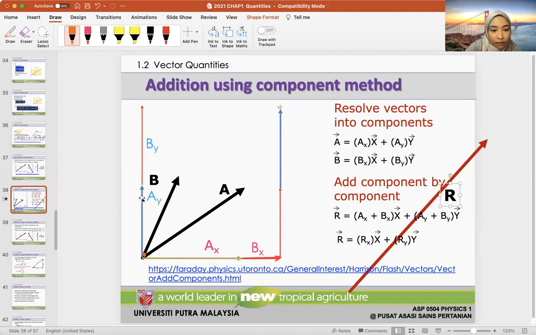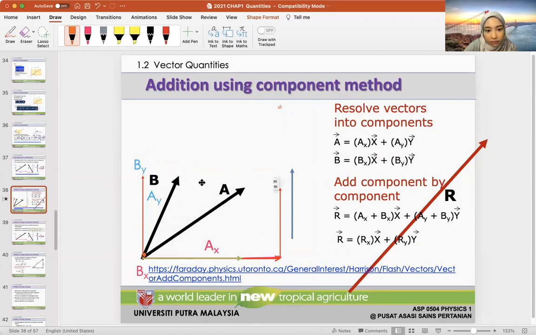So BY, tak sini dulu. BY, this is the component for BY. And this is the component for BX. Okay, and then I have another vector called A, and the X component is over here, and the Y component is this guy.